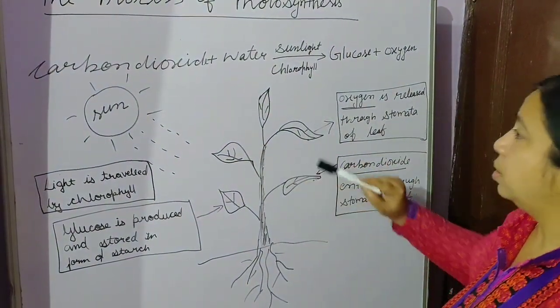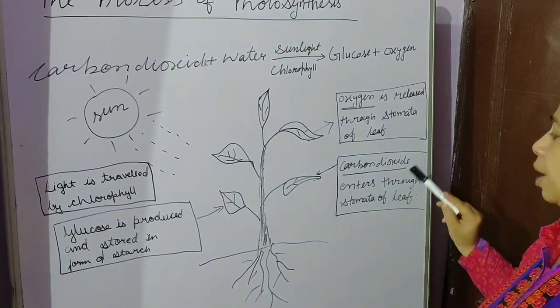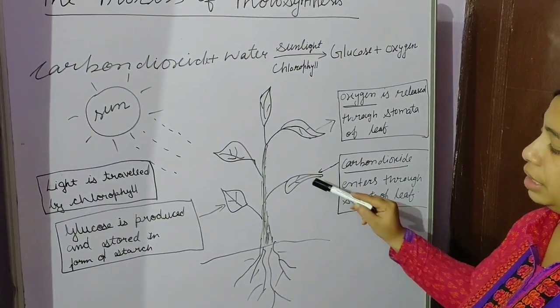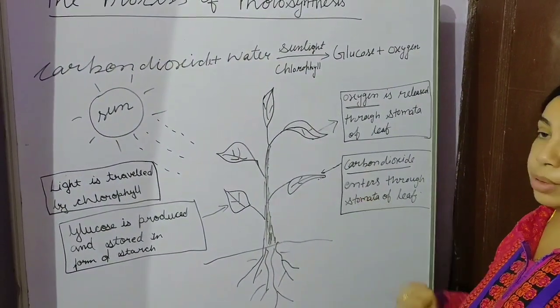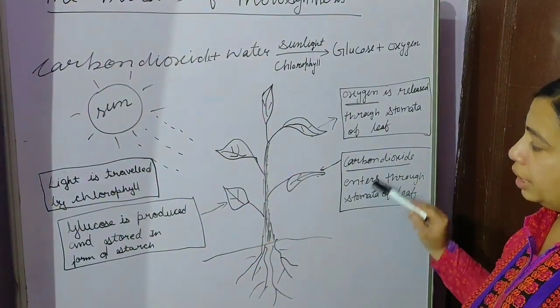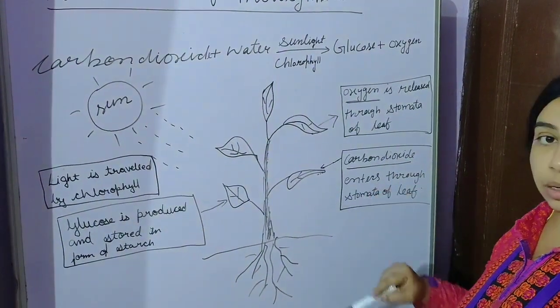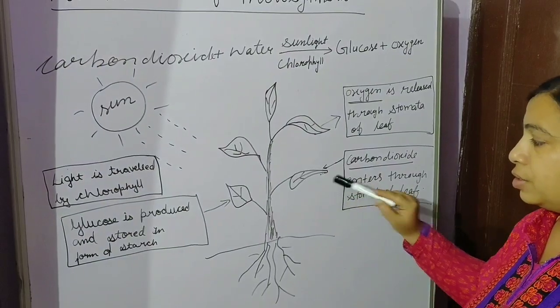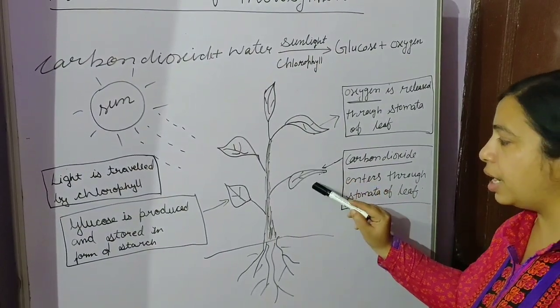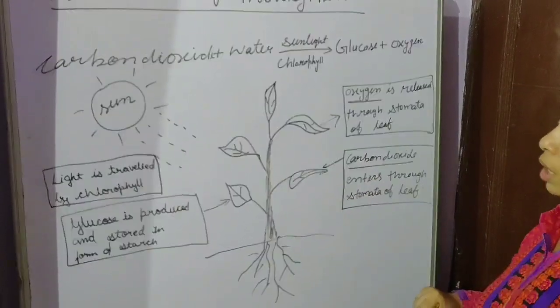And beside this, here is the carbon dioxide. Carbon dioxide will enter the leaves through the stomata. So carbon dioxide will come from the air. Plants take it in through the stomata that are present on the underside of the leaves.